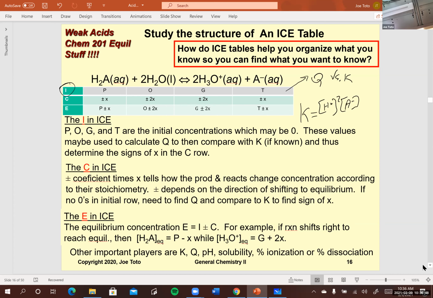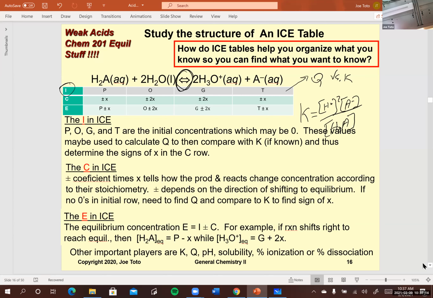And in this case, it would look something like that. All right, so you should look over this, study this slide, understand the little ins and outs of the ICE table, because the ICE table is going to help you relate any reaction that comes to equilibrium.